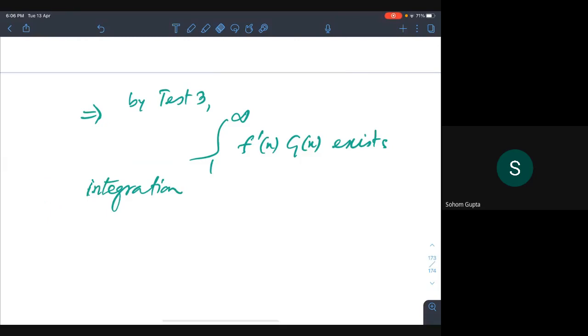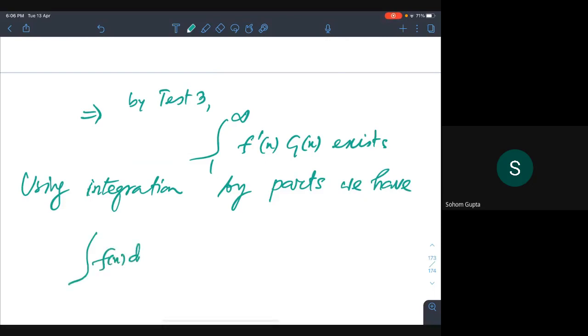Using integration by parts, we have the integral of f(x)g(x) dx from 1 to infinity, which is nothing but the integral from 1 to infinity of sin x by x dx.